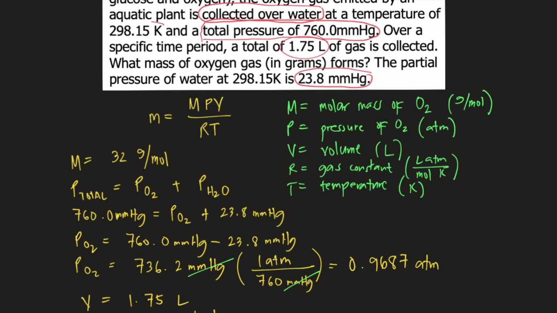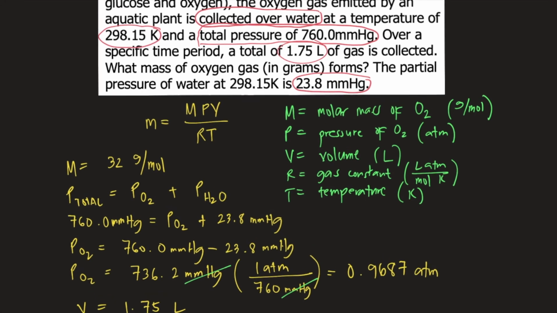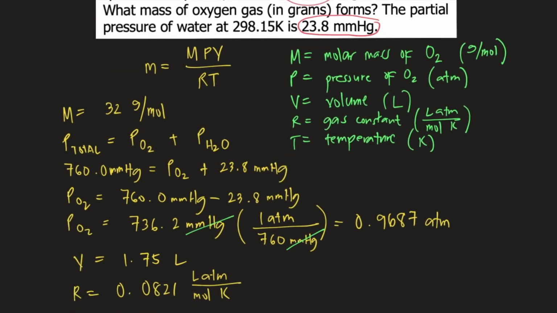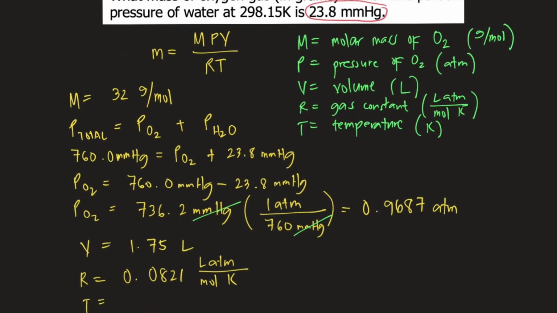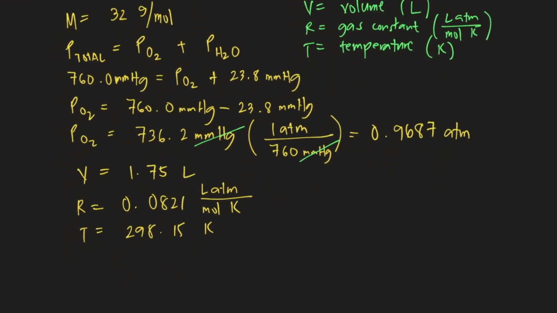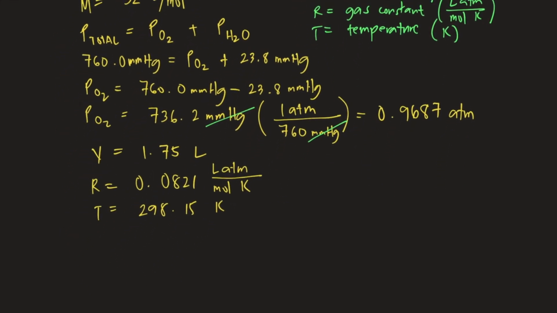And for temperature, the given is 298.15 Kelvin. So T is equal to 298.15 Kelvin. Now we can solve for the mass of the gas since we know all the values we need.